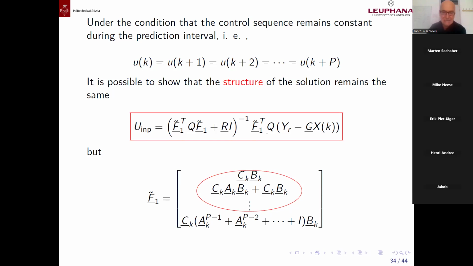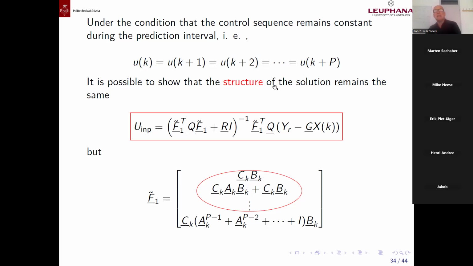If F1 equals this, it's easy, and it could be that I have time to do it also today. We have a solution a little bit not so precise as the general solution, because we assume that U is constant. It could be that we cannot see the differences because the length of the horizon is not so long.